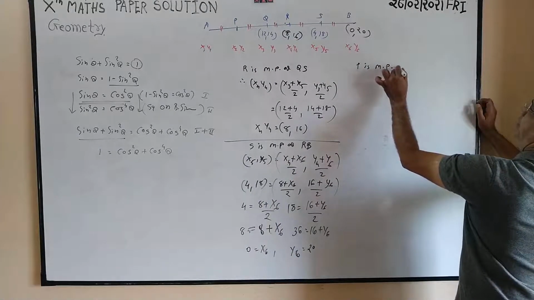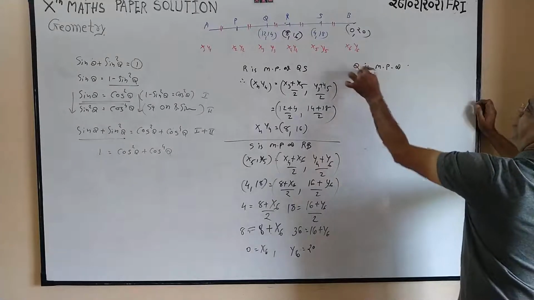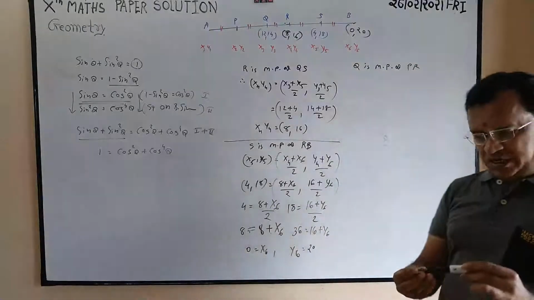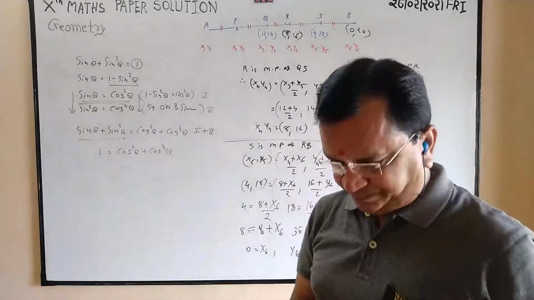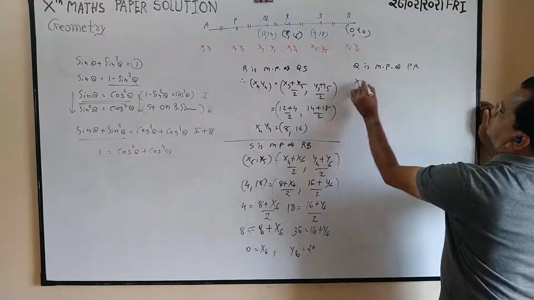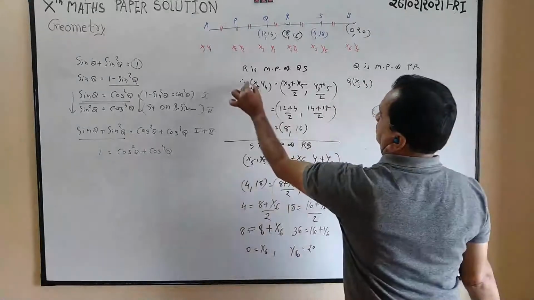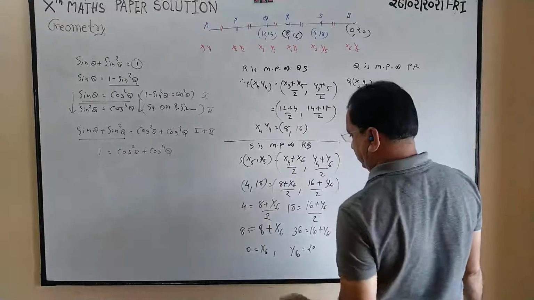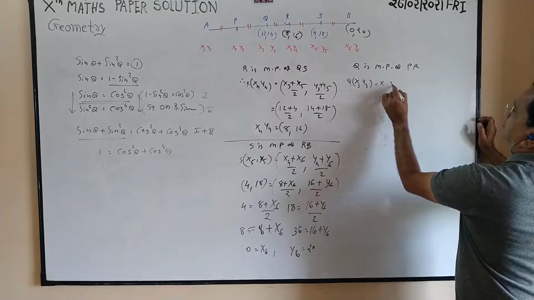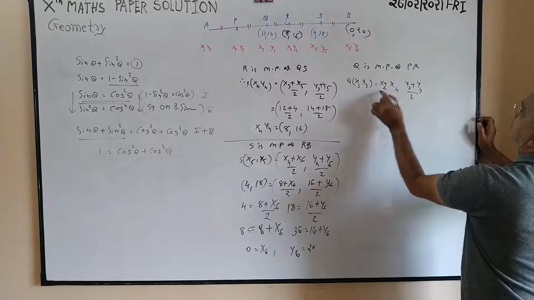Q is a midpoint of PR. Okay. Now Q means what? x3, y3, which is 12, 14.